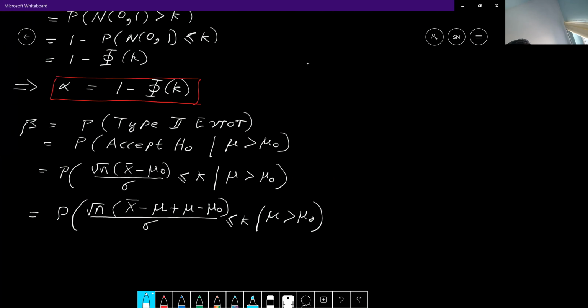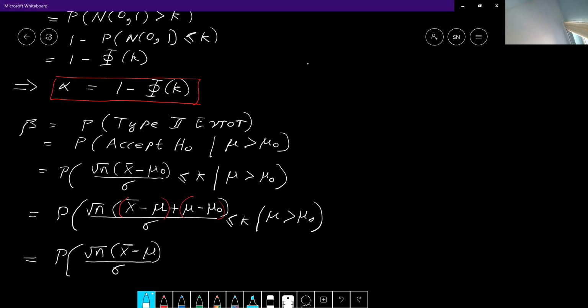All right, guys. You see what I've done? I have replaced mu0 by mu, so I have to add a mu and keep the mu0. Now you have basically two terms here. I'm going to take the second term to the right hand side. So on the left hand side you have root n times x bar minus mu divided by sigma.